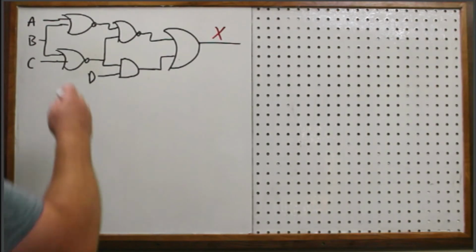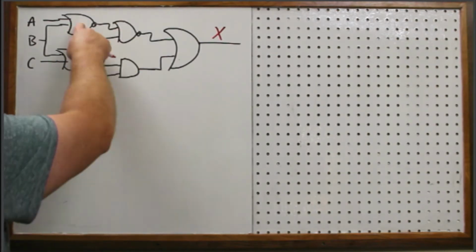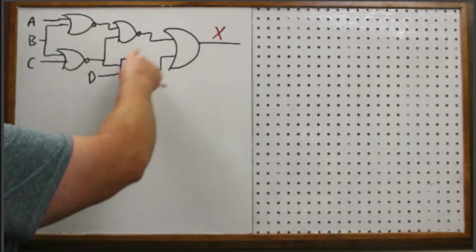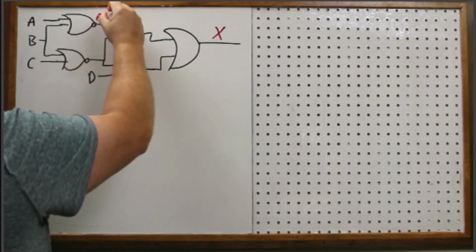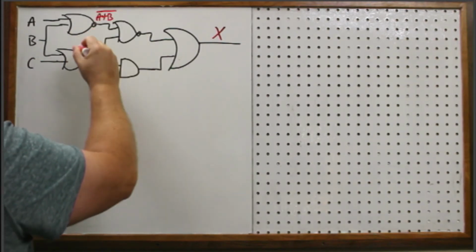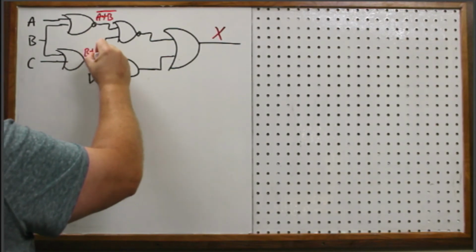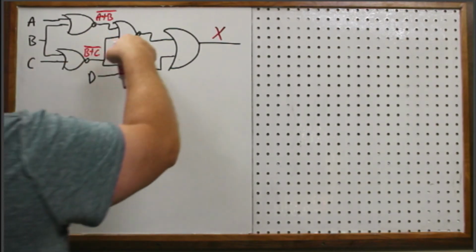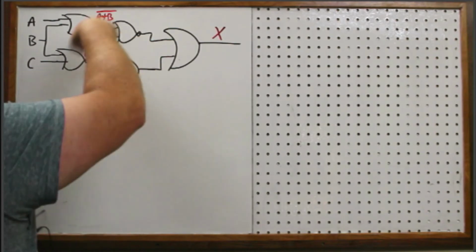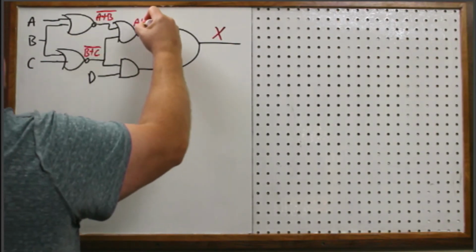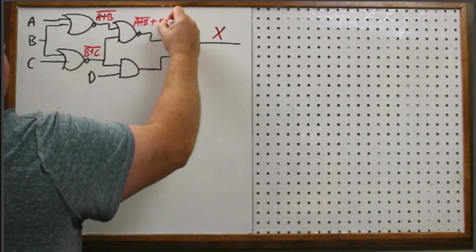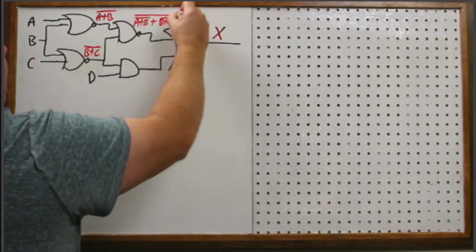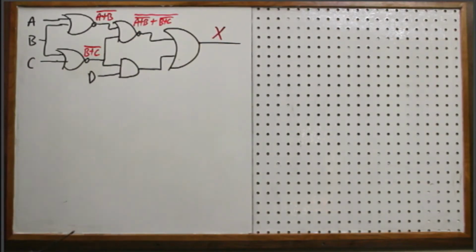So these are NOR gates. This is an OR, and this is an AND. So up here, I've got (A plus B) the whole thing NOTed. This one, I've got (B plus C) the whole thing NOTed. And then out of here, I'm NORing them both together. So I've got (A plus B) NOTed, plus (B plus C) NOTed, and then all of it NOTed because that's a NOR.